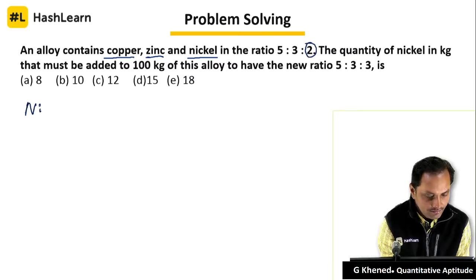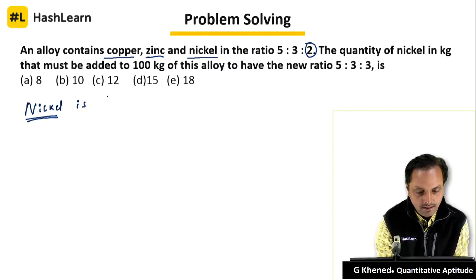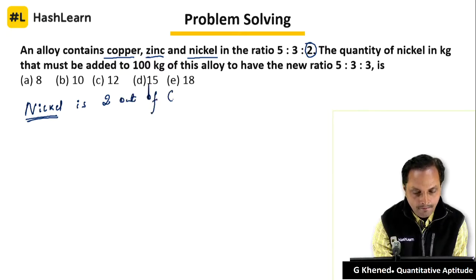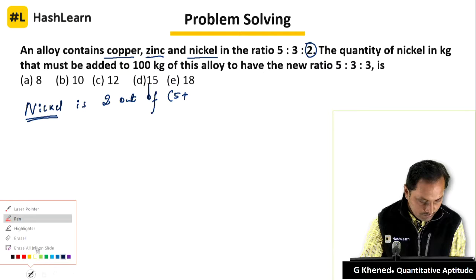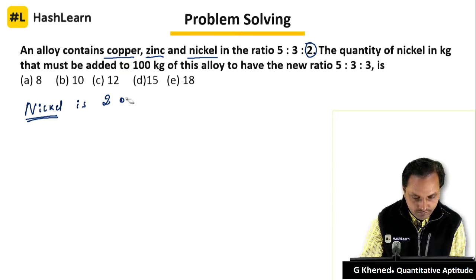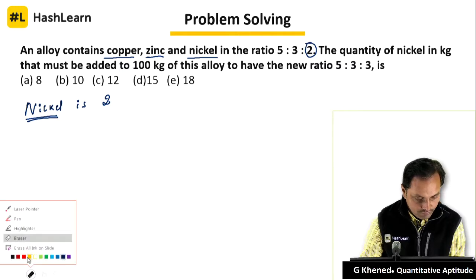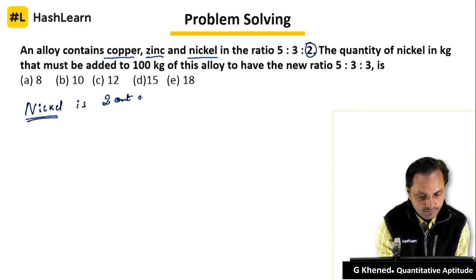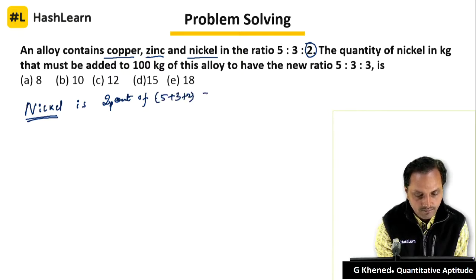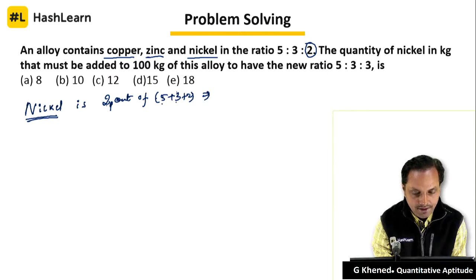So your nickel is 2 parts out of 5 plus 2 plus... 5, 6, 7, 8, 9, 10.